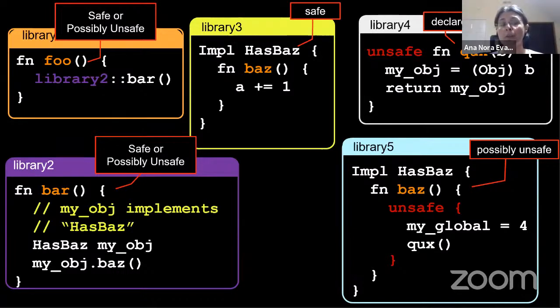However, from the outside, just by looking at the signature of function buzz, you can't tell whether unsafe is used or not. And so we define these kinds of functions that look safe from the outside as possibly unsafe functions. And then again, when we move back to the bar function in library 2, now this function could be safe if it calls buzz from library 3, or possibly unsafe if from library 5, and then it moves back.